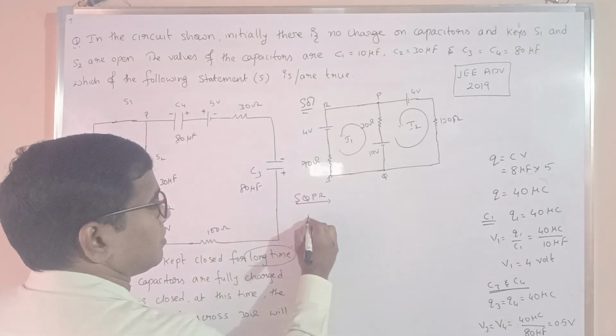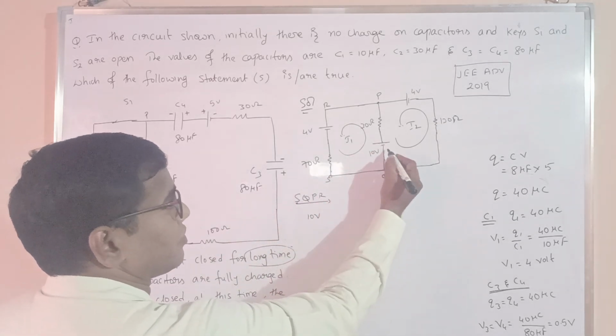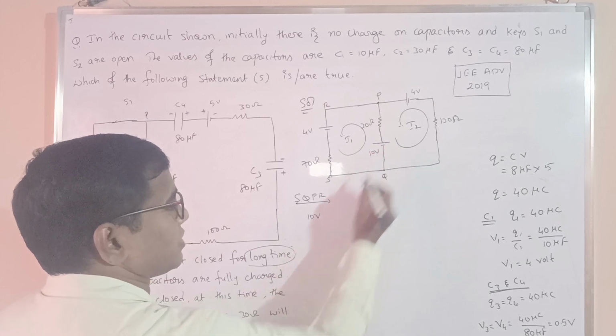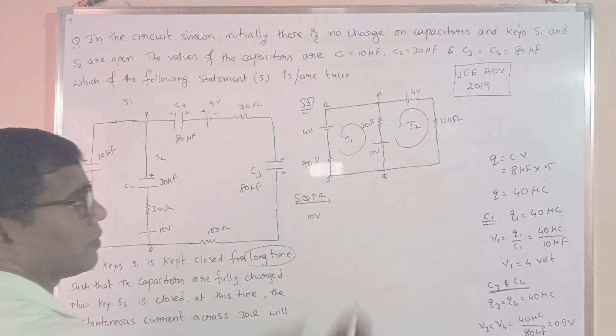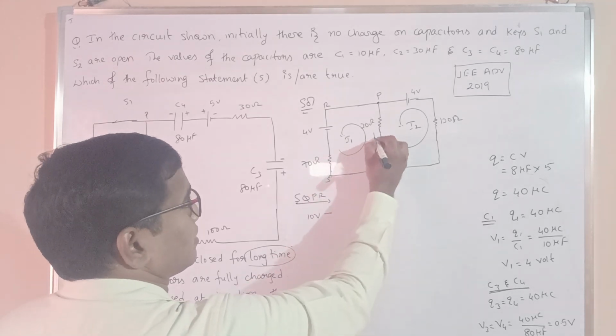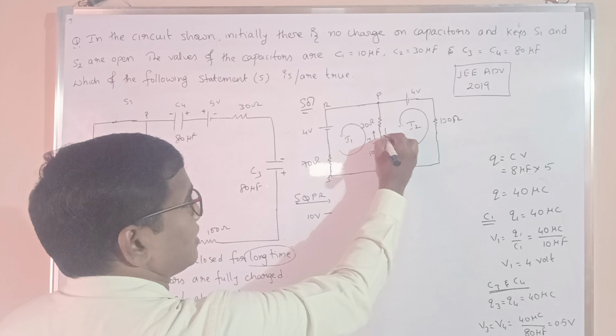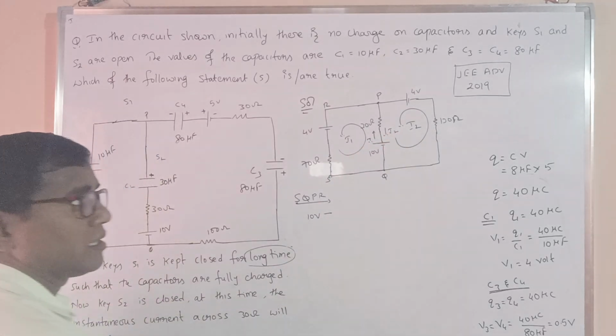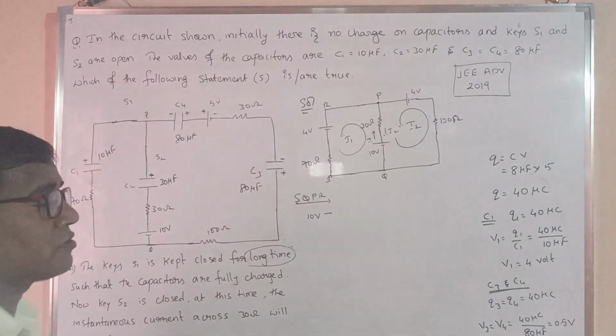So here 10 volt. Why? Because I am moving from low potential to high potential. That's why I wrote 10 volt. Minus, here the current is I1 and here the current is I2. Current is I1 and current is I2 across 30 ohm.